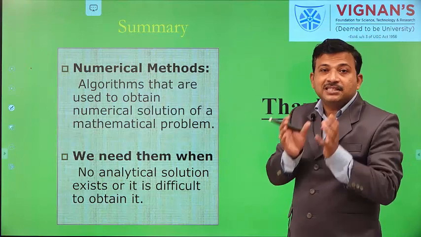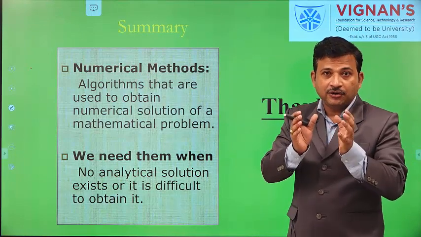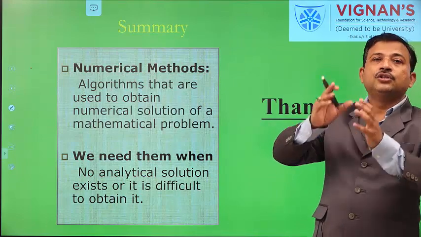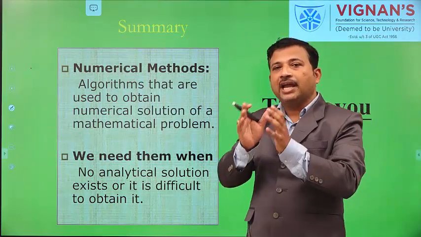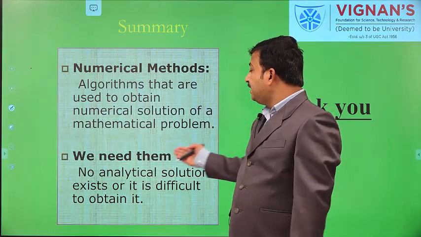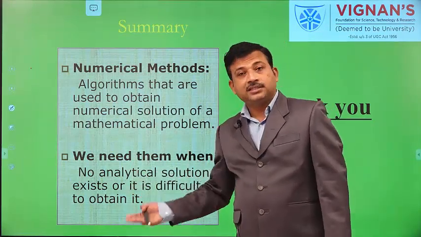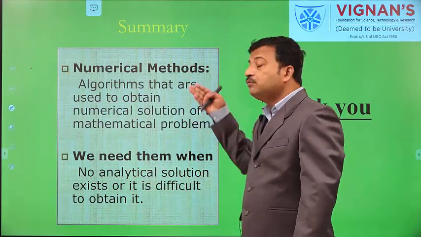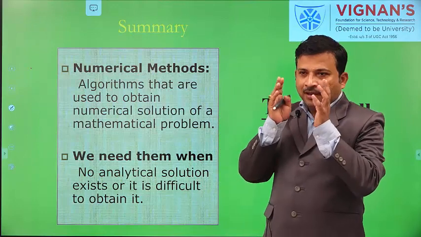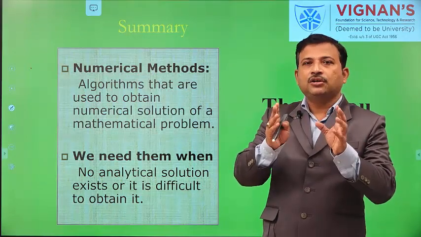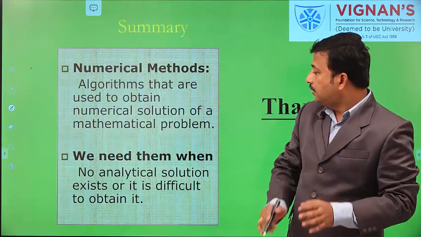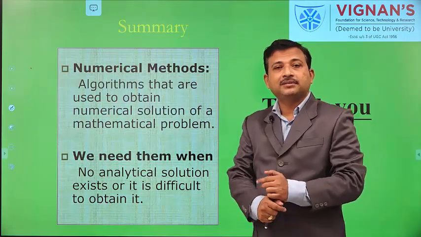If you minimize the error, we can get a highly approximate solution, right? So reducing the error is a very, very important thing. We need numerical methods when there is no analytical solution or it is very difficult to obtain one. So it is a very good way to get an approximate solution, right?